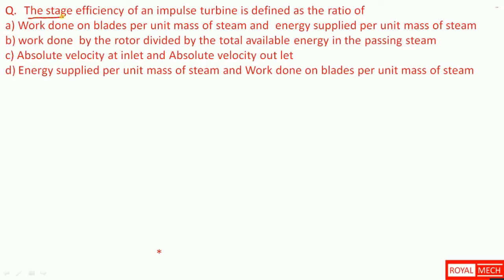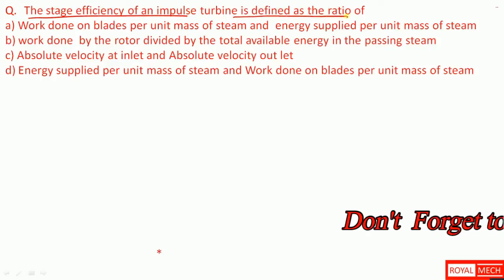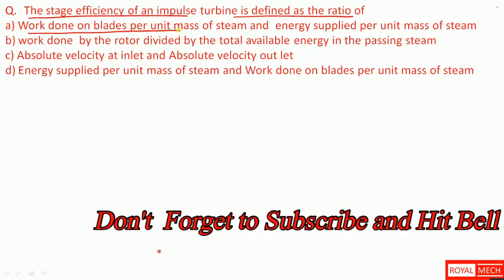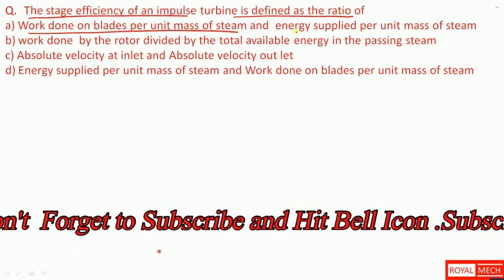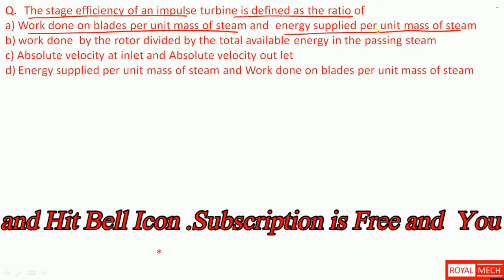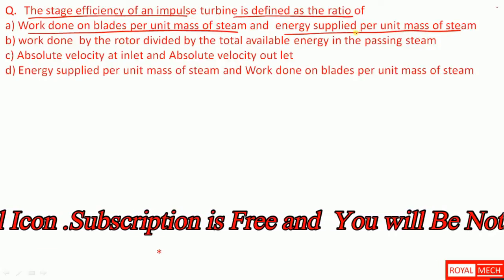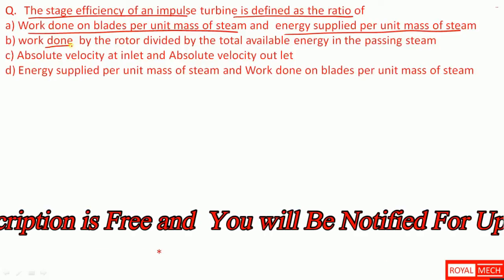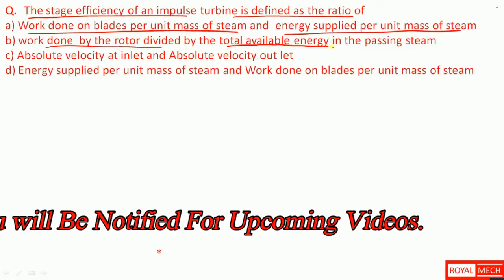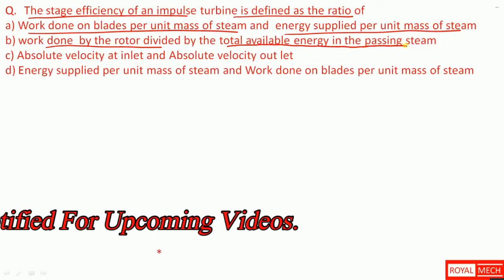The stage efficiency of an impulse turbine is defined as the ratio of work done on blades per unit mass of steam and the energy supplied per unit mass of steam, that is work done by energy supplied. Or work done by the rotor divided by total available energy in the passing steam.